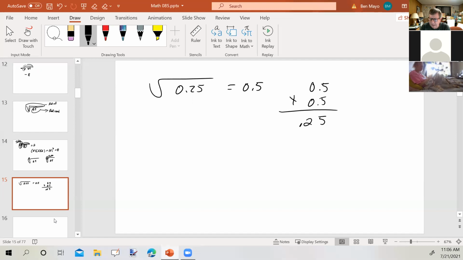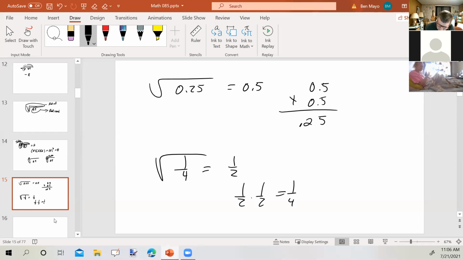Notice we got an answer that was larger than our original problem. Well, consider this. What's the square root of 1/4? That's 1/2, because 1/2 times 1/2 is 1/4, and 1/2 is bigger than 1/4, right? So when we're taking the square root of a proper fraction, a number between 0 and 1, the answer is actually going to be larger. Kind of strange, huh?